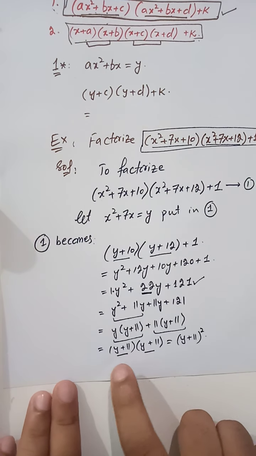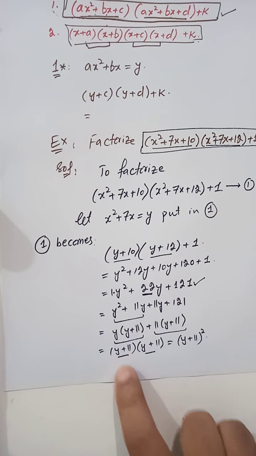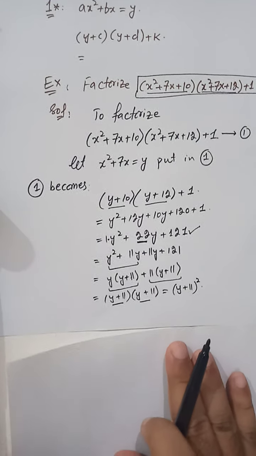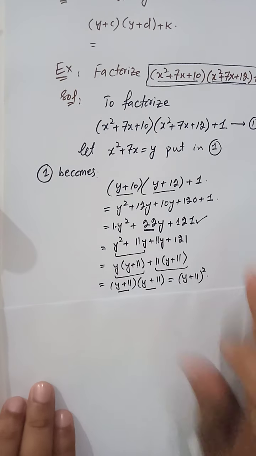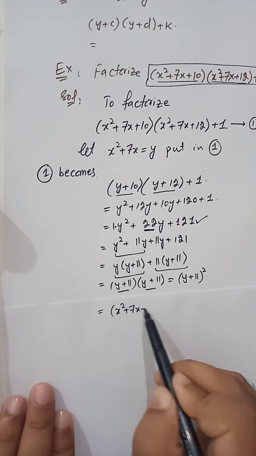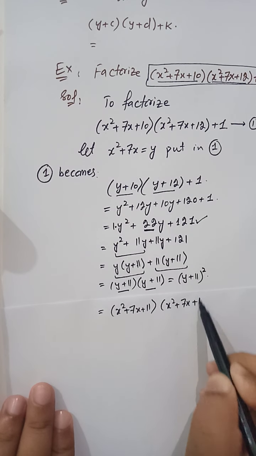So here I will resubstitute the value of y, which is x square plus 7x. I am going to substitute y by x square plus 7x. So that will become x square plus 7x plus 11, and that will be x square plus 7x plus 11.